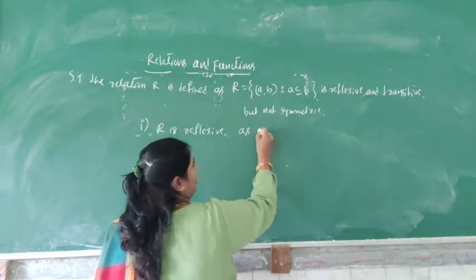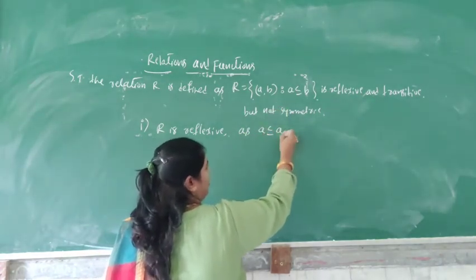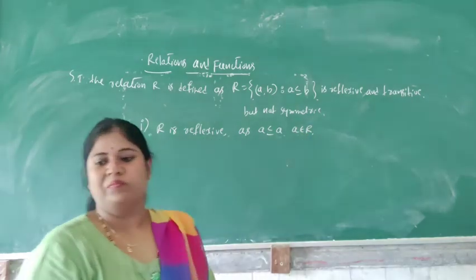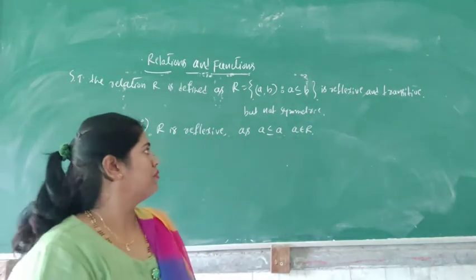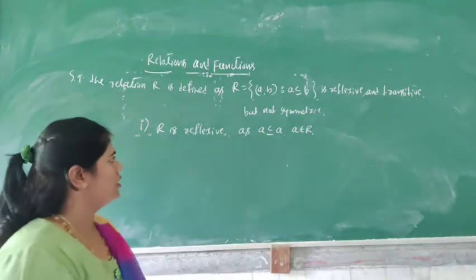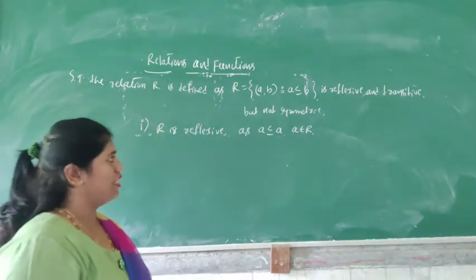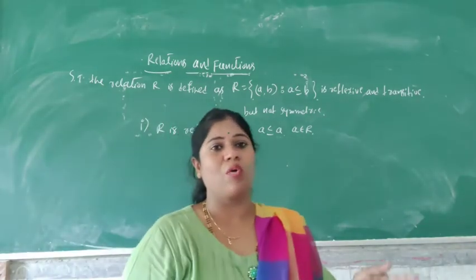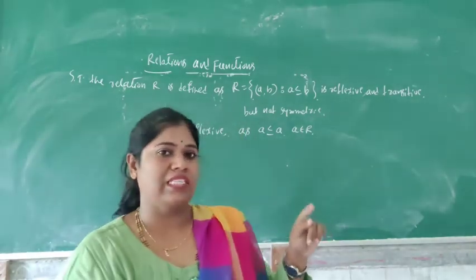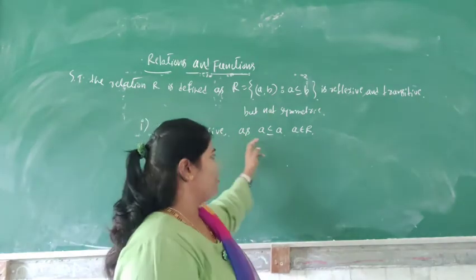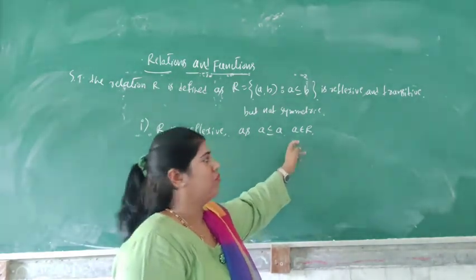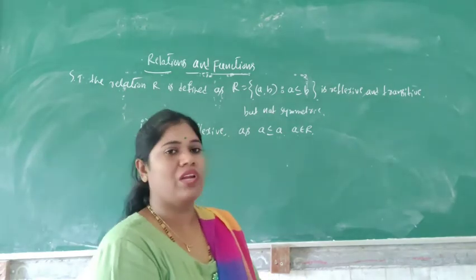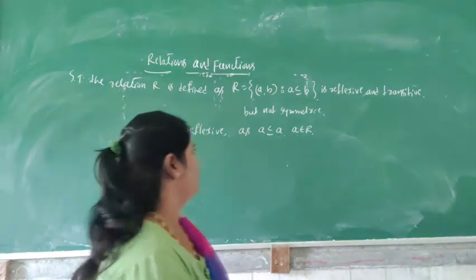As a is related to a, or (a, a) belongs to R. R is reflexive as a is less than or equal to a, for a belongs to R. We can give counter examples in the examination also. This one is the general condition. After that, we have to give the counter examples. Then only marks are awarded.